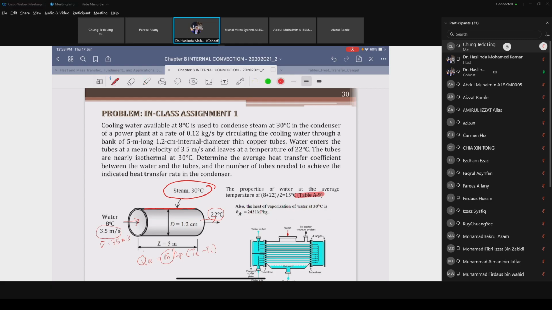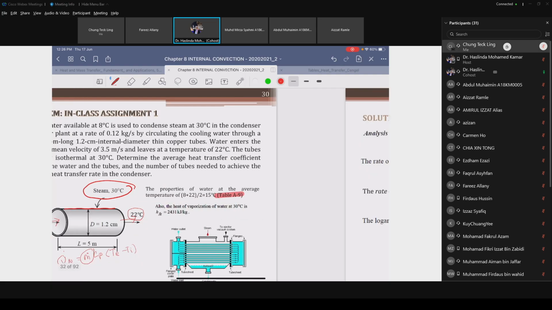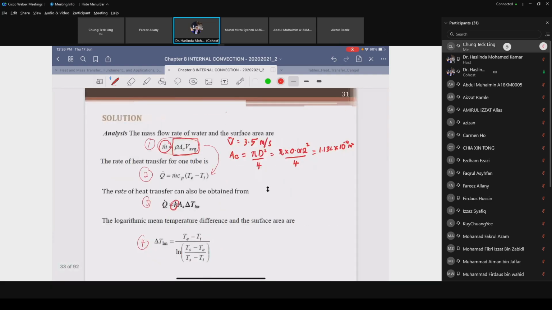Okay, so the density is 1.22, betul ke? Ada 5 ke tadi? Saya macam 1.225 kan? And then the CP is 1007 joule per kilogram Kelvin.